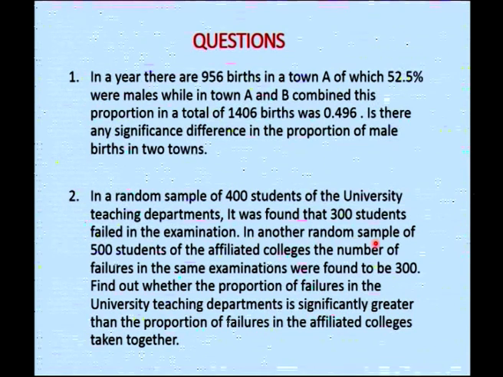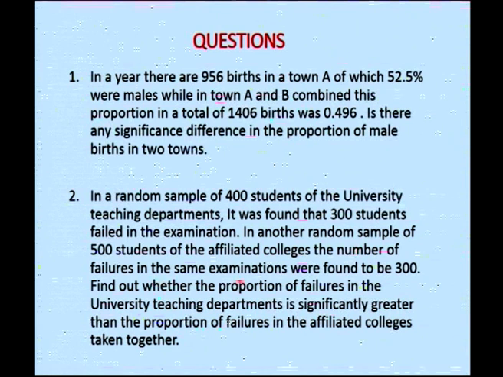In another random sample of 500 students of the affiliated colleges, the number of failures in the same examination were found to be 300. Find out whether the proportion of failures in the university teaching departments is significantly greater than the proportion of failures in the affiliated colleges taken together.